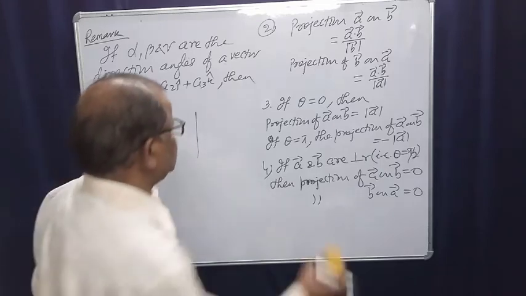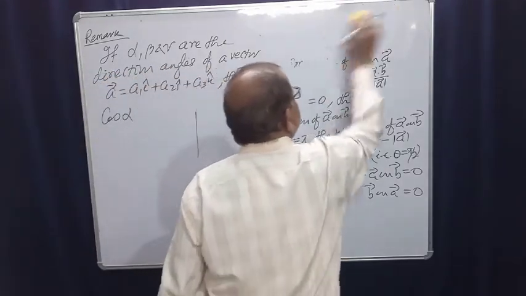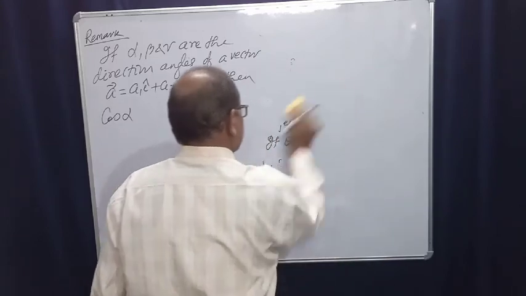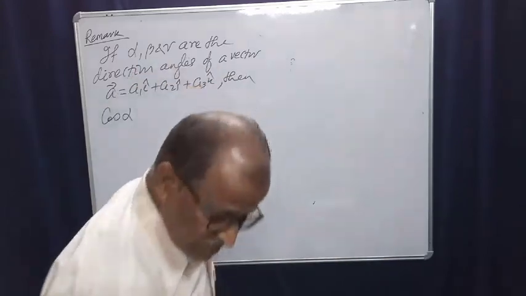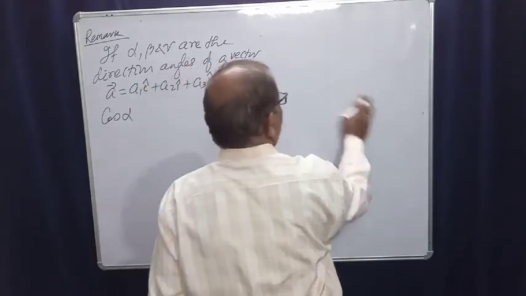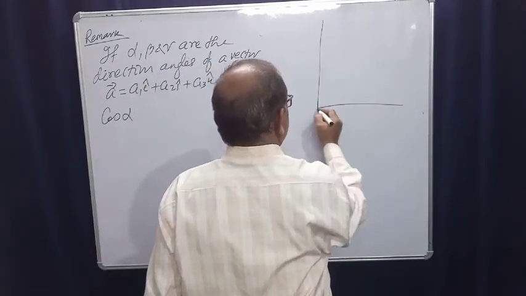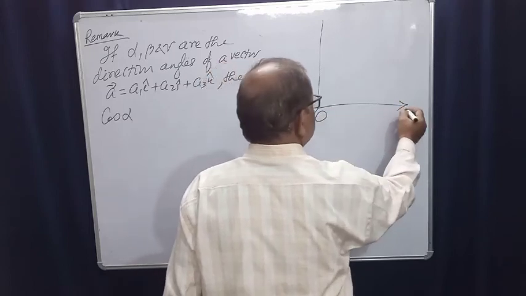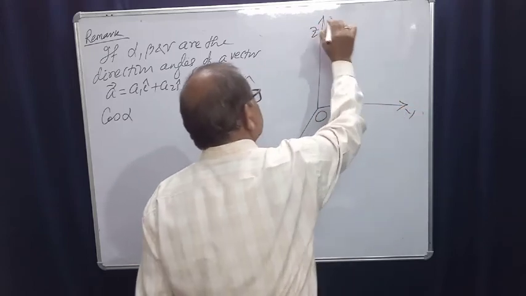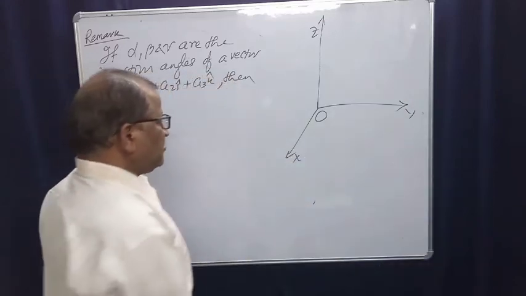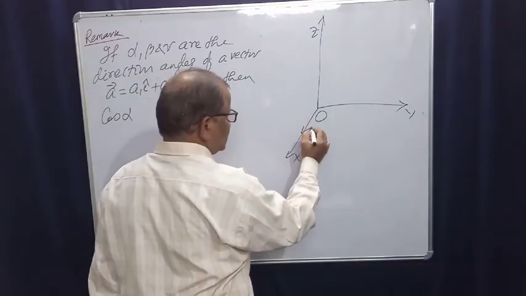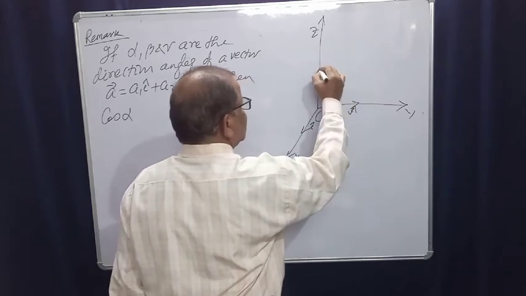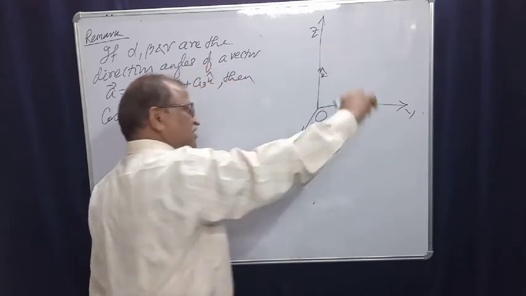I'll wipe out these things. Let us take the 3 coordinate axes. Origin, this is the x-axis, this is the y-axis, this is the z-axis. The unit vector along this direction is I cap, along this direction is J cap, and in this direction is K cap.